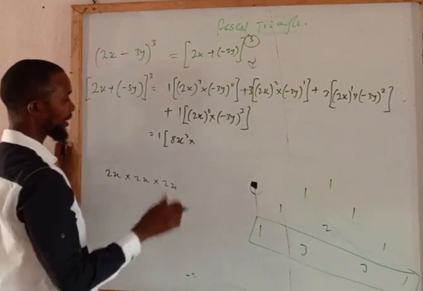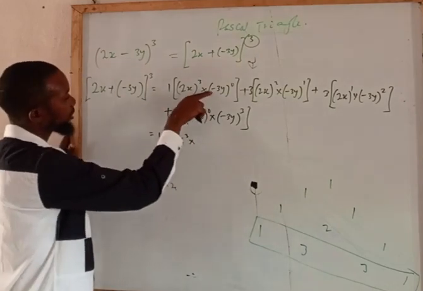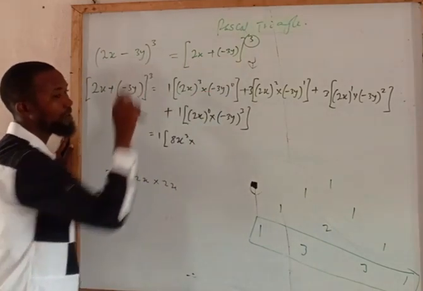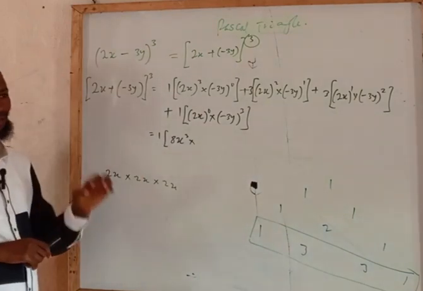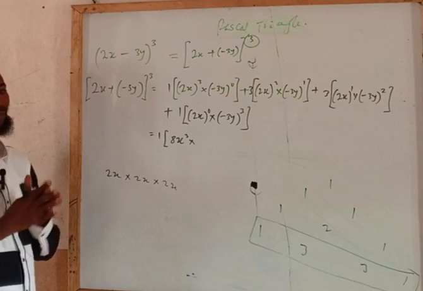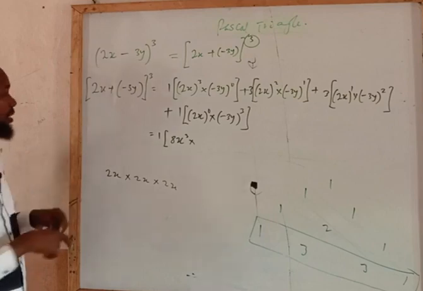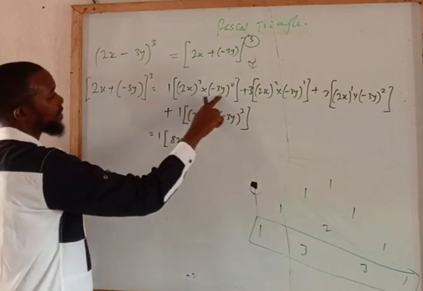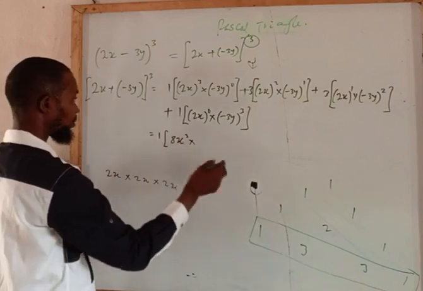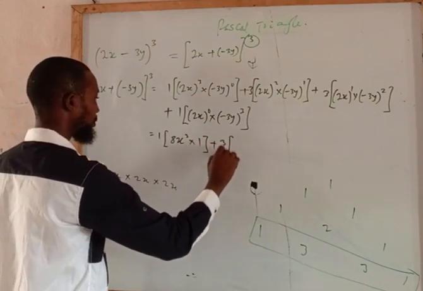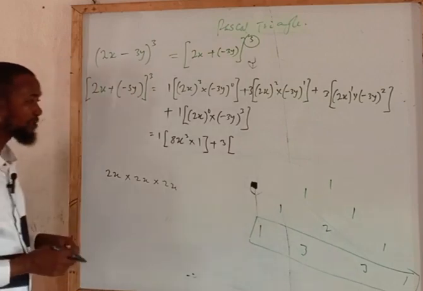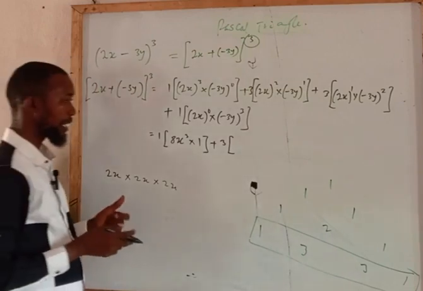Then multiply by minus 3y to the power of 0. And recall from the basic laws of indices that anything having the power of 0 automatically becomes 1. Therefore, minus 3y raised to the power 0 here is 1. So that will be multiplied by 1, plus 3 into, I can now move over to my second term.